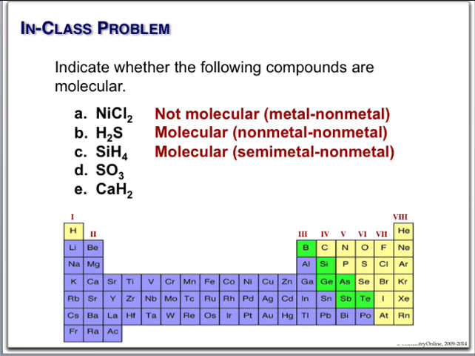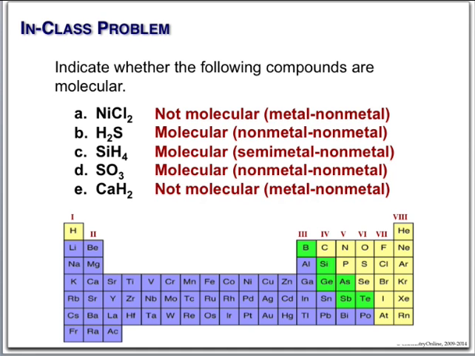This is molecular. Sulfur trioxide. Sulfur and oxygen are both nonmetals. Calcium hydride. Soon as you see the metal, it's a dead giveaway, isn't it? This is an ionic compound and is not molecular.